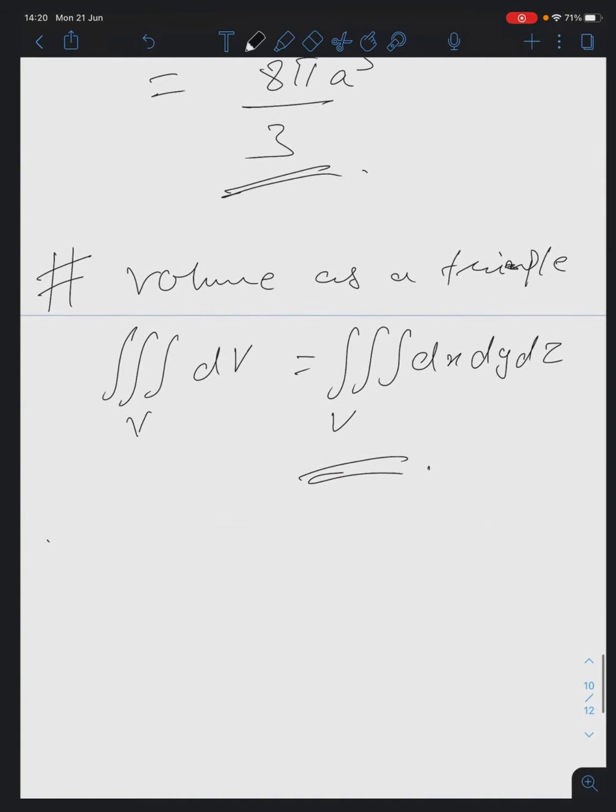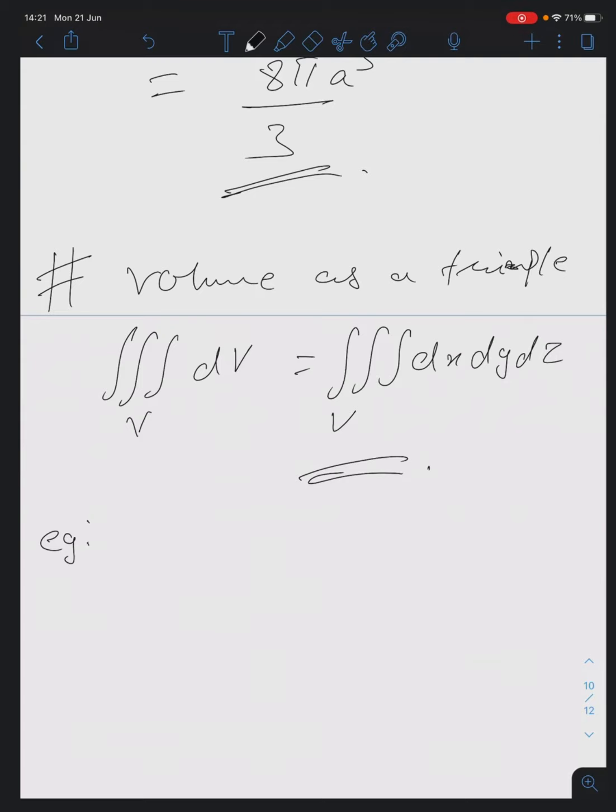Suppose for example, let us see the same problem we have done today: find the volume of the tetrahedron bounded by the coordinate planes and the plane x by a plus y by b plus z by c is equal to 1. Let us solve by using triple integration. Same question.